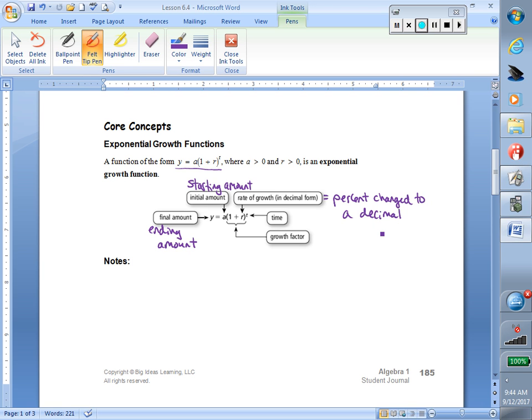So our rate is the percent we're growing or decaying by, decreasing by. And we'll be given that as a percent. We need to change it to a decimal before we put it in our equation. Then the exponent t, t represents time. Time could be years, it could be months, it could be days. Any increment of time.